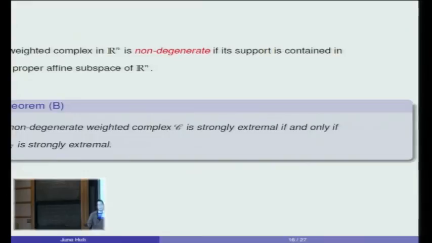There are many combinatorial tricks, or linear algebraic tricks, to come up with a strongly extremal weighted complex. And then associated to that, I have a strongly extremal current. And if all the weights are positive, I have a positive current. So there is a systematic way of obtaining strongly positive closed p-dimensional currents.